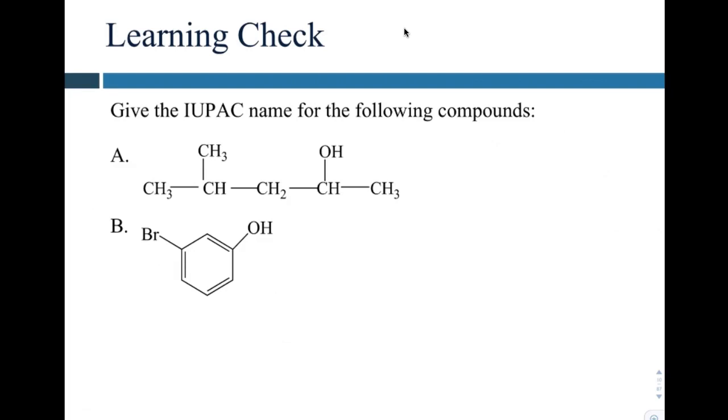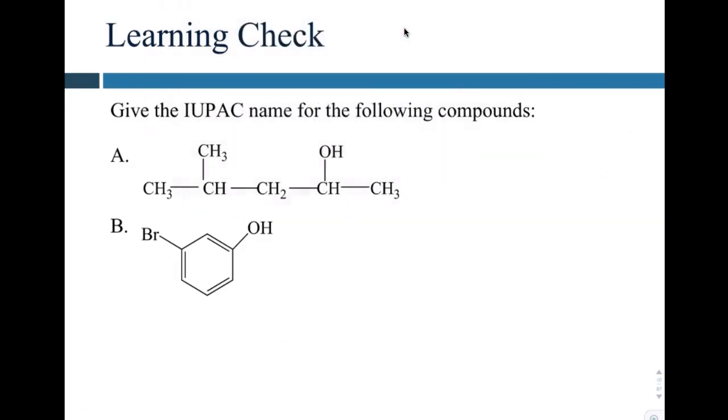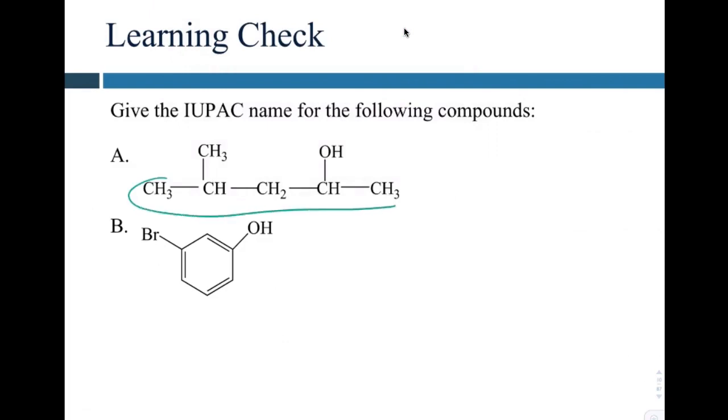Okay, so with our first one, let's label our main chain. Our main chain, we're doing green tonight. So main chain here, if you were to count that up, we got 1, 2, 3, 4, 5. I know already I'm going to be numbering my carbons to give the OH the smallest number.